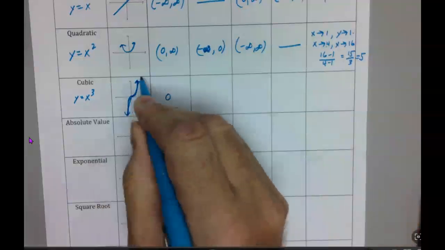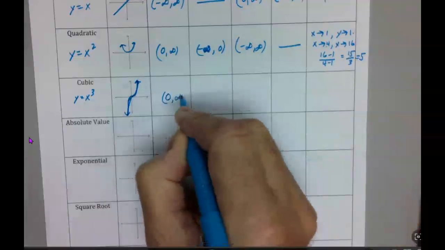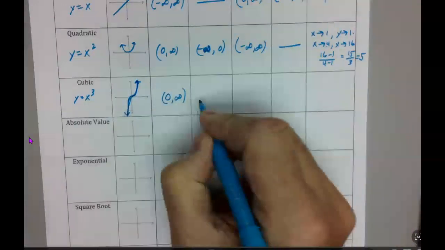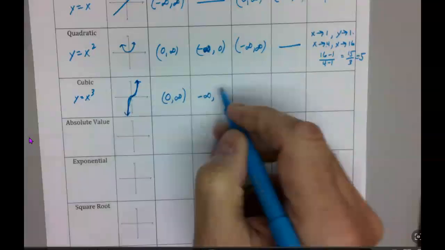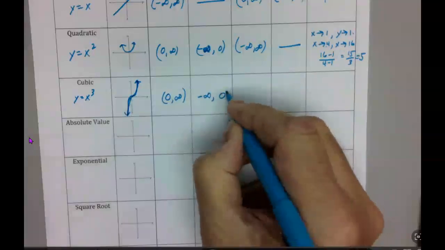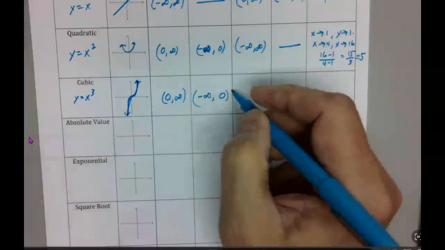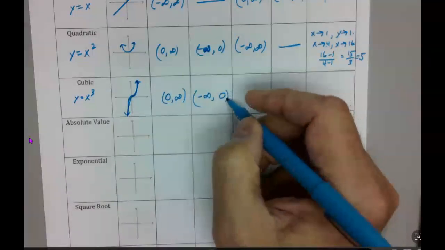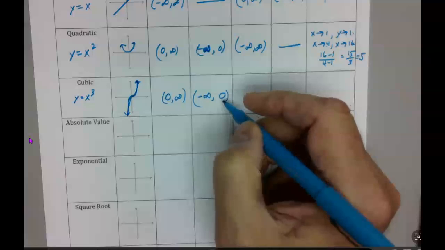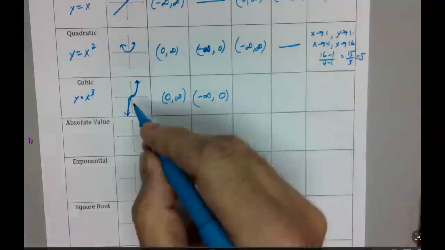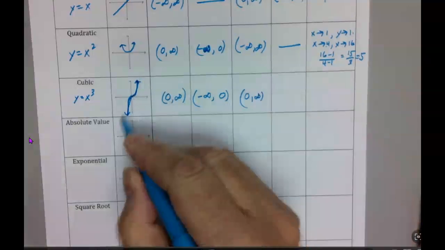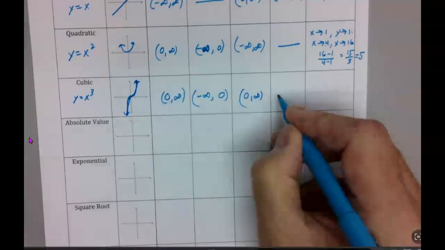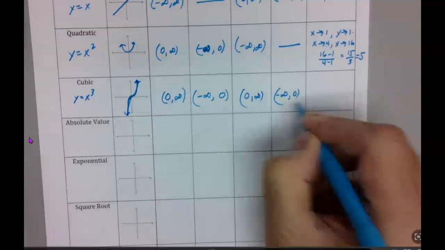And it's decreasing from negative infinity to 0. Okay? It's positive on this side from 0 to infinity, and it's negative from negative infinity to 0.